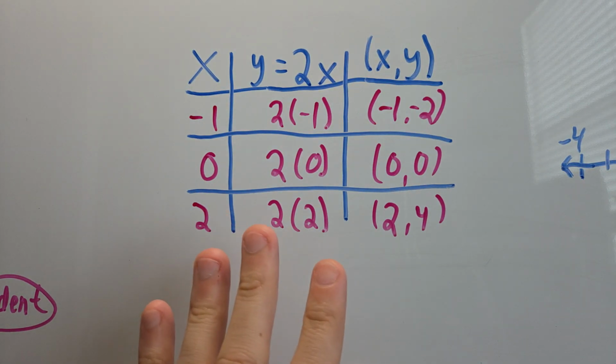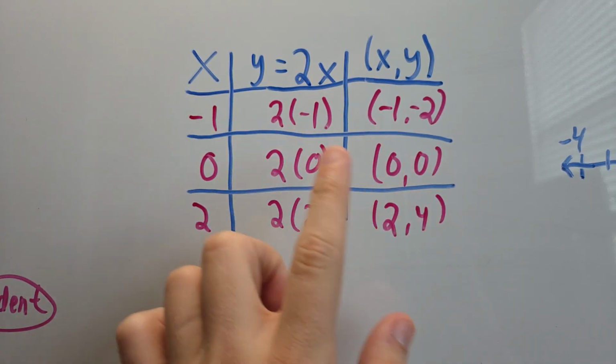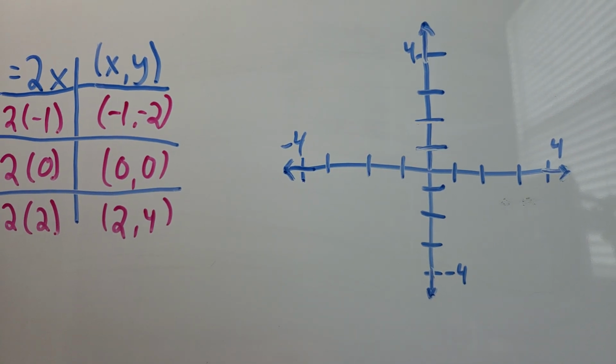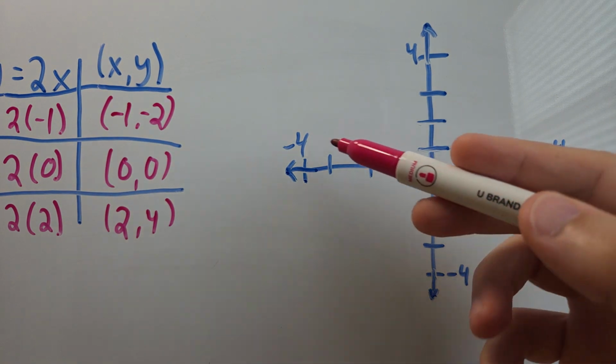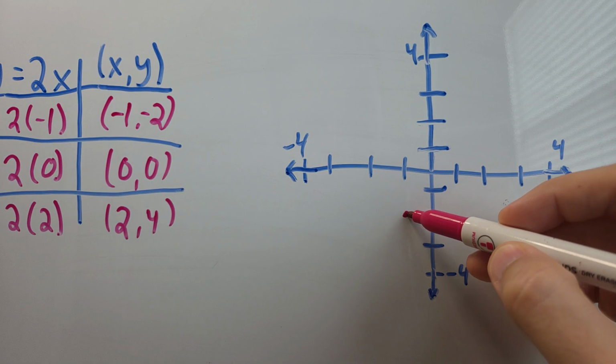So that takes care of modeling our function based off of its rule and then putting it in a table. And then visually, we're going to see it right over here with our graph. We're going to plot those 3 points. Specifically, that was negative 1, negative 2, which is right here.